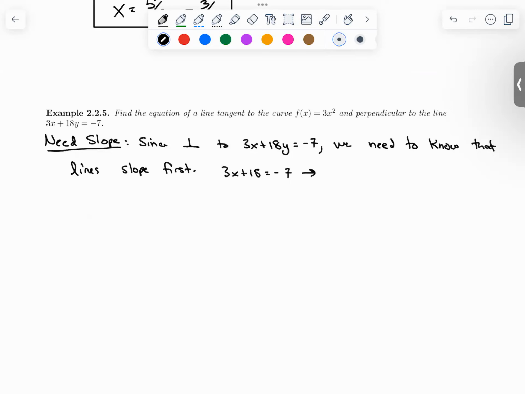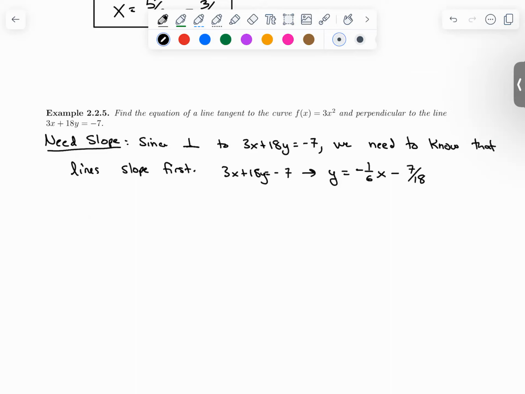That would give us y equals -3/18, that's -1/6, x minus 7/18. Yeah, that's not a pretty fraction for the -7/18, but we don't care about that. That's the y-intercept of the line that we were given. We're talking about our tangent line. The tangent line is only going to look at that slope.